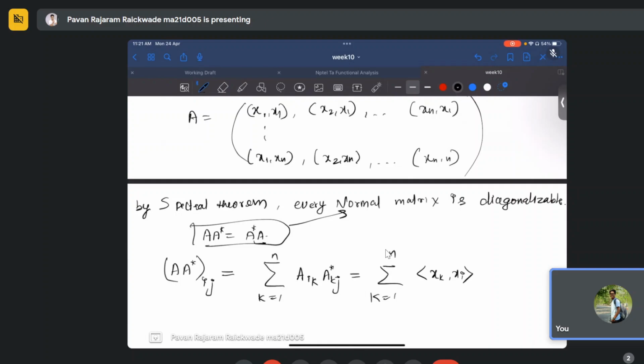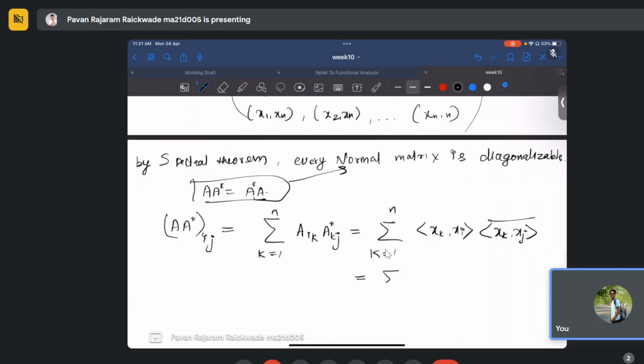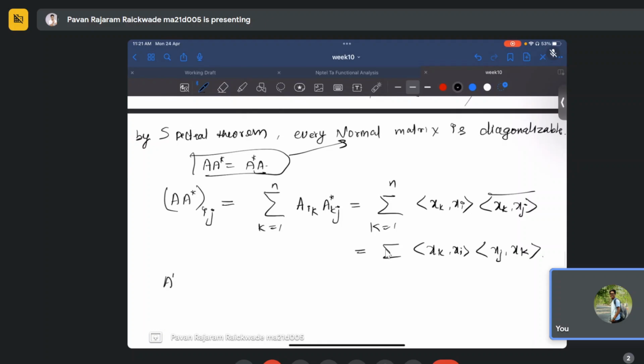Then A star's kj-th entry is the conjugate of the jk-th entry of A, which is the conjugate of inner product of xk with xj. But this is just inner product of xk with xi times inner product of xj with xk. That's all we know. Now let's see what is the ij-th entry of A star A.